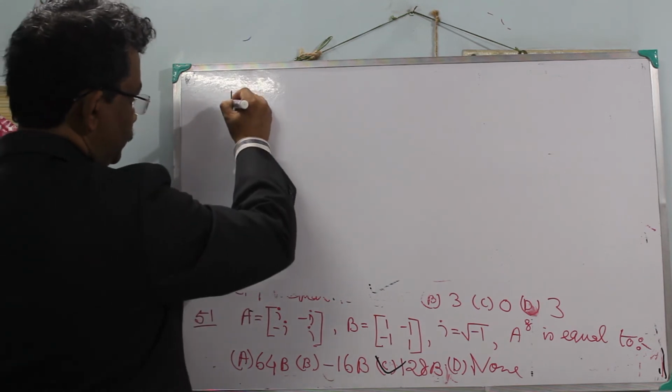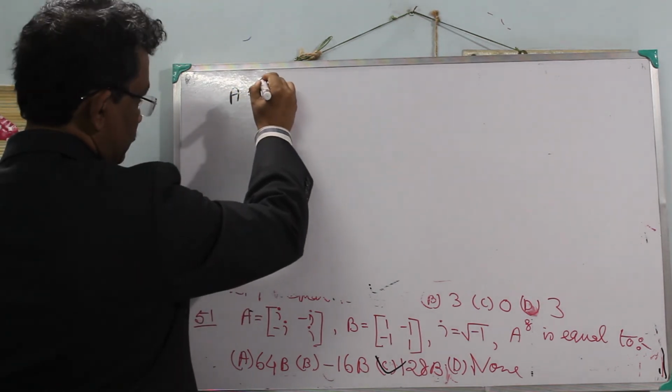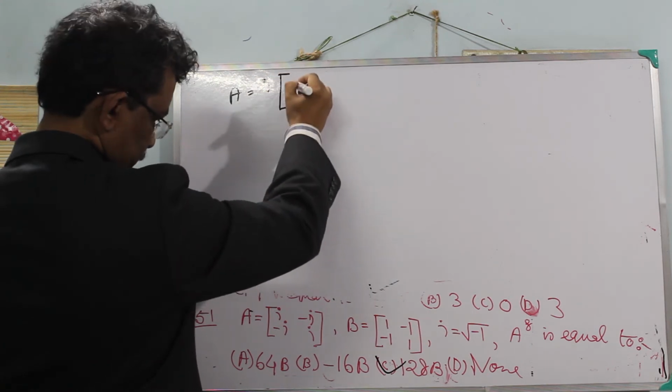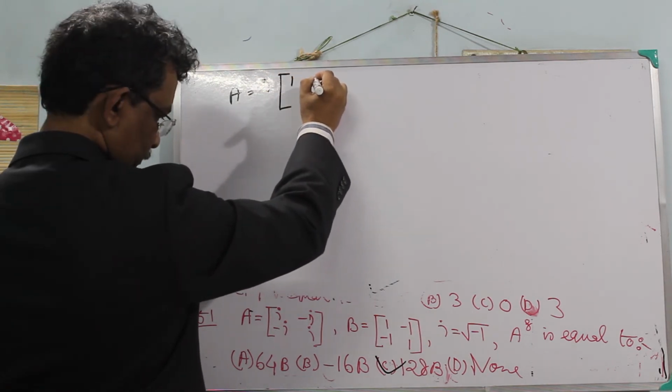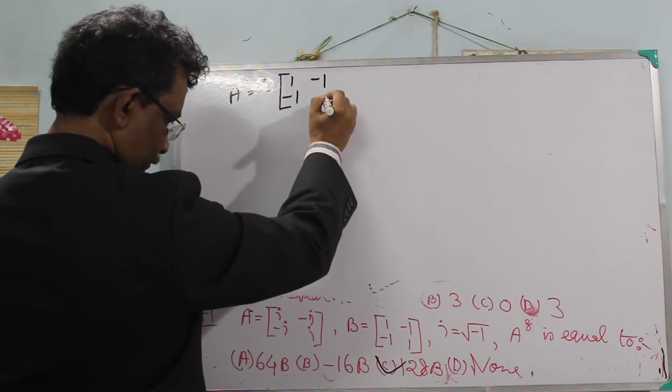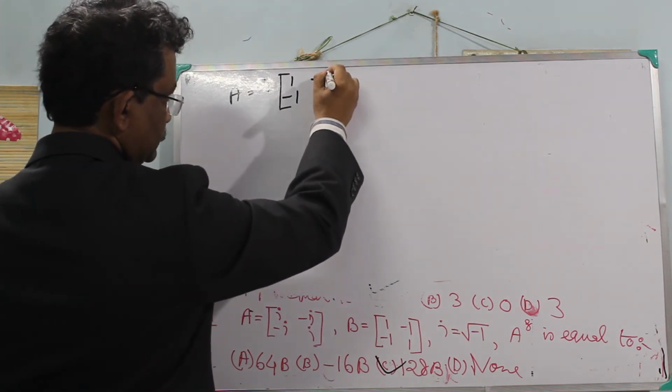So A equal to, I am taking common i, 1 minus 1, minus 1, 1.